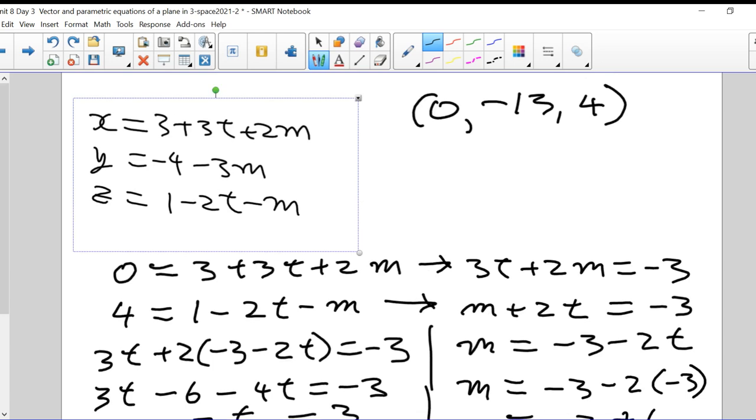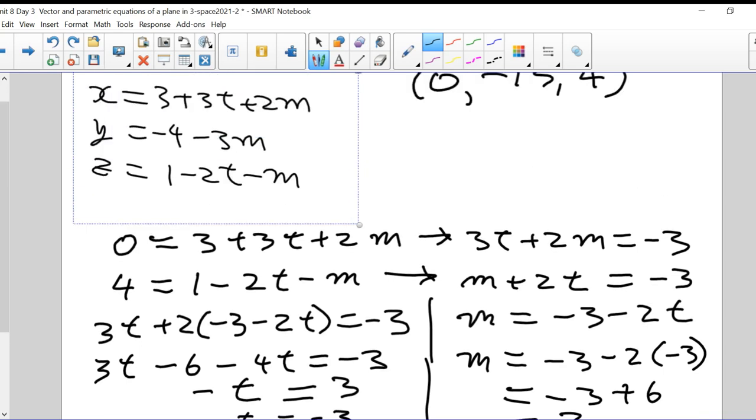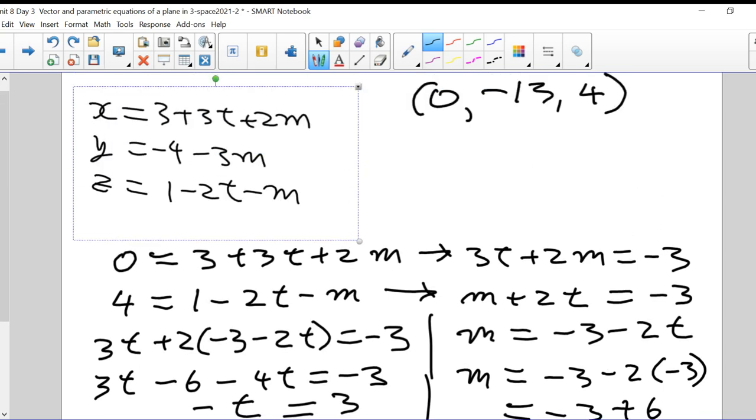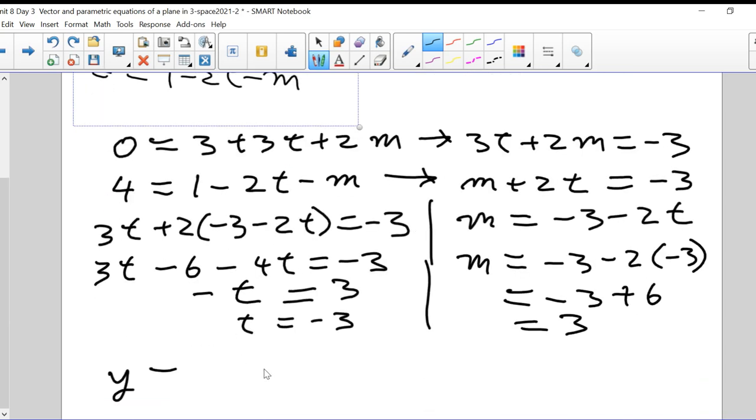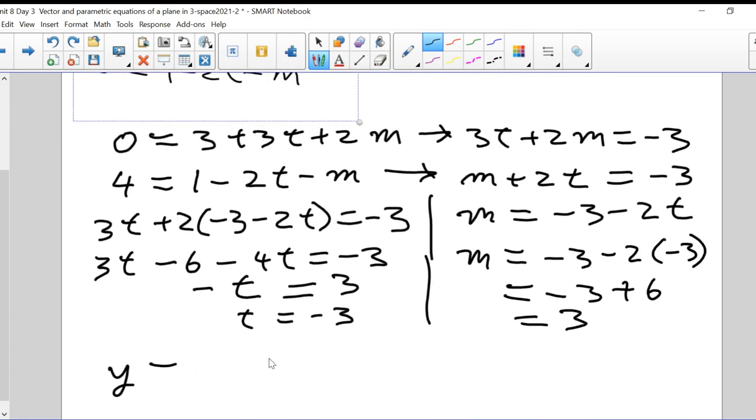So our test now is we've worked with 0 and 4. We're going to see if the minus 13 is going to work for us now with the y. So we're going to go back to the minus 13 now. Sorry, what am I looking for now? Z, yeah, sorry, y. Y is minus 13.